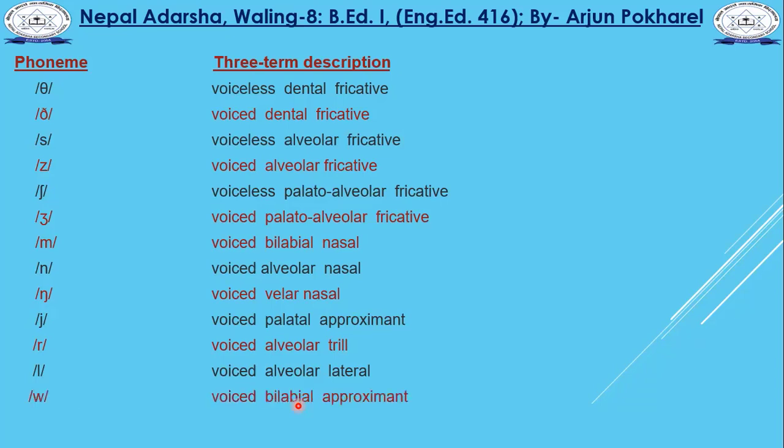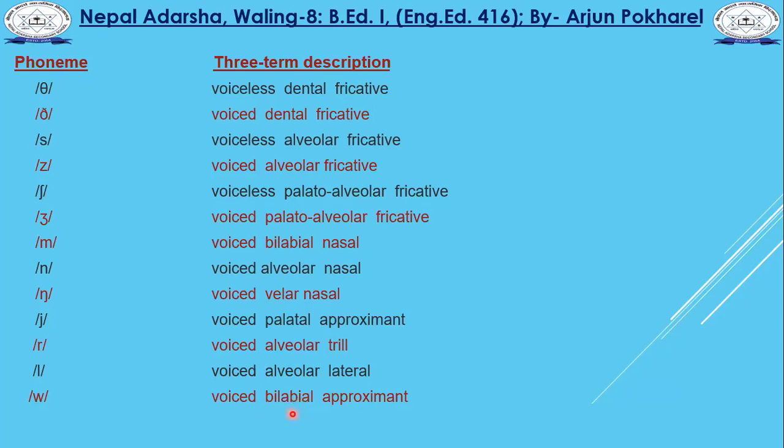Okay, in the same way, the next one is what? Wa. Wa is what? Voiced bilabial approximant. Okay, consonant wa. In the production of wa sound, the state of the vocal cords is voiced.